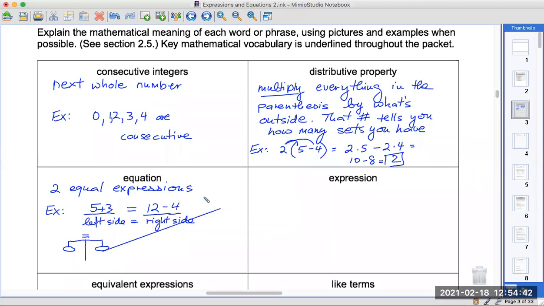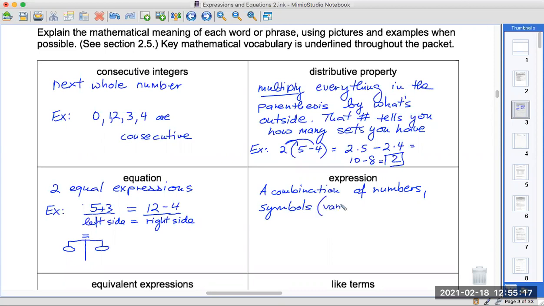An expression is almost like an equation, but it really doesn't have 2 equal sides. An expression doesn't have to be balancing out. So it's a combination of numbers, symbols, like variables.